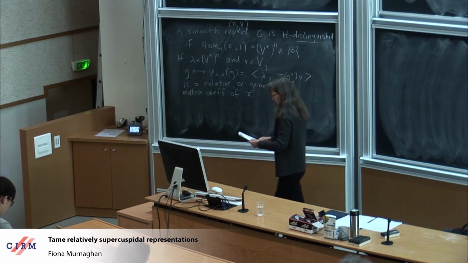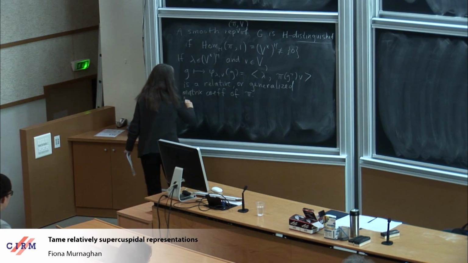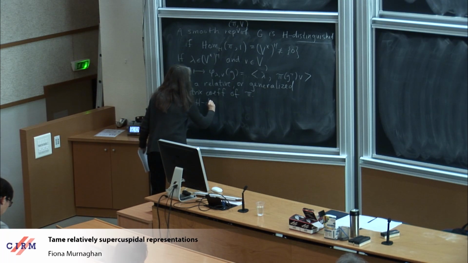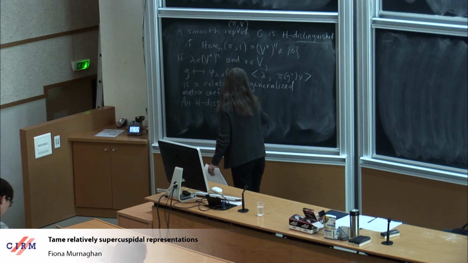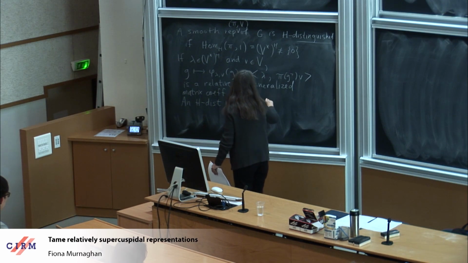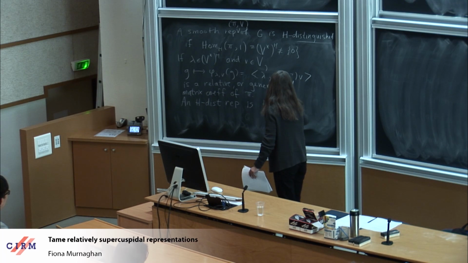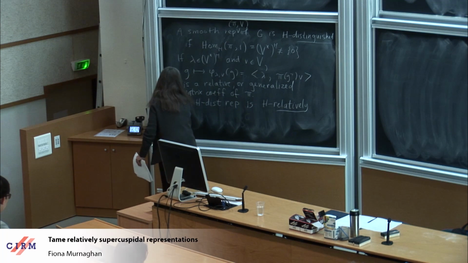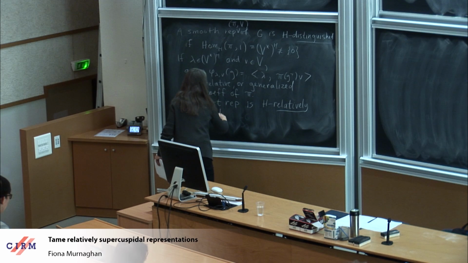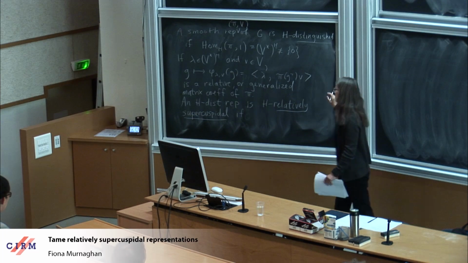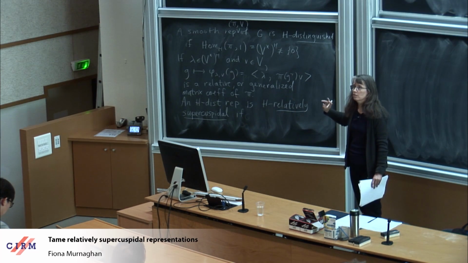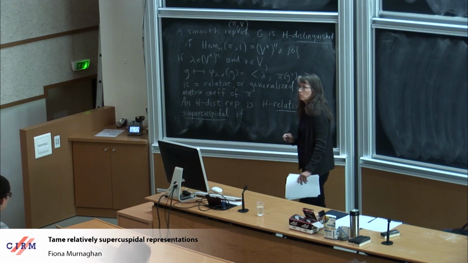And an H-distinguished representation is H-relatively supercuspidal if all of its relative matrix coefficients are compactly supported modulo H times the center of the group.